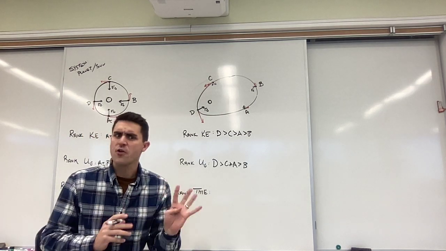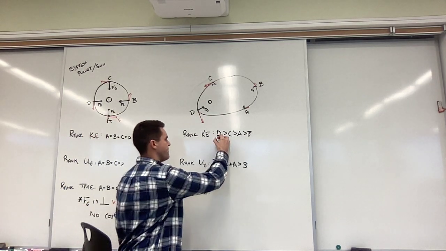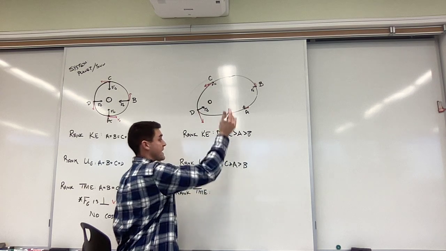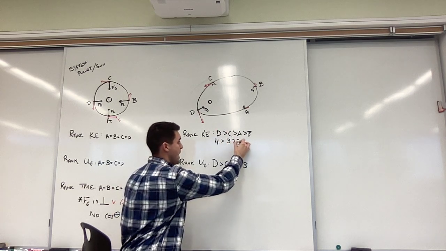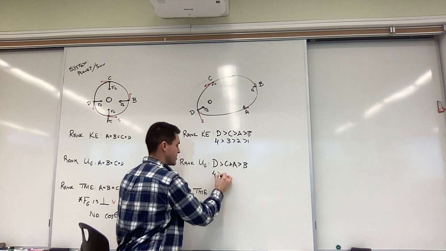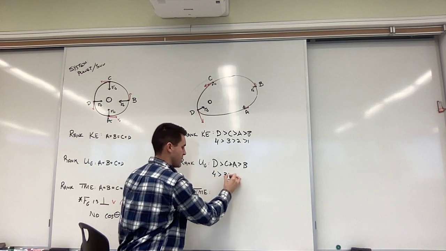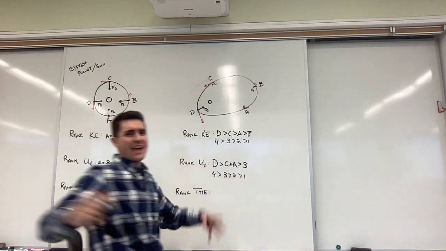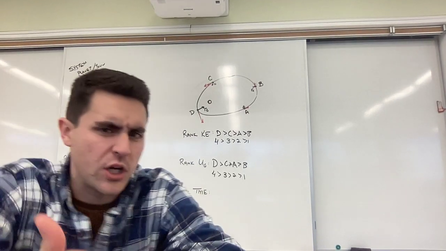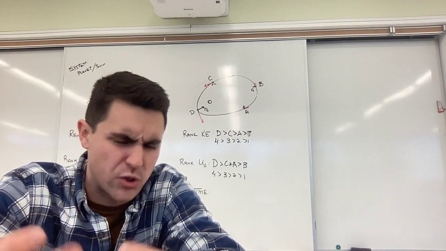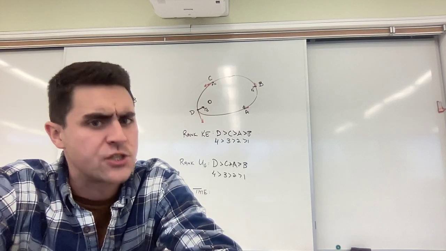Let's try this. For purposes, let's call D 4. Let's say D's kinetic energy has a value of 4, C is 3, A is 2, and B is 1. And we'll go the same here. We'll rank them from biggest to smallest, 3, 2, 1. Now, these are not the actual values, but we're going to use them as placeholders to help us rank things. Let's use these as numbers now.